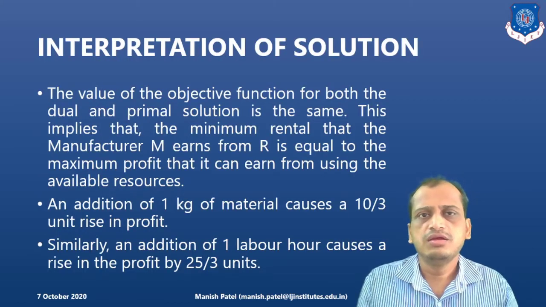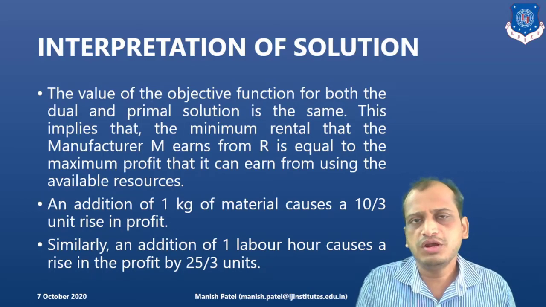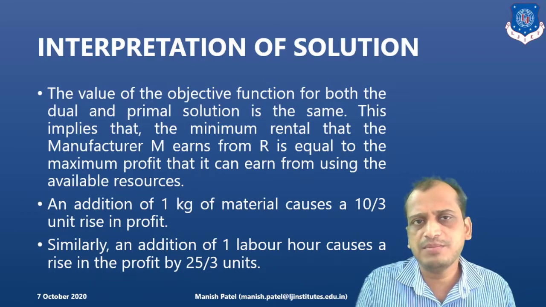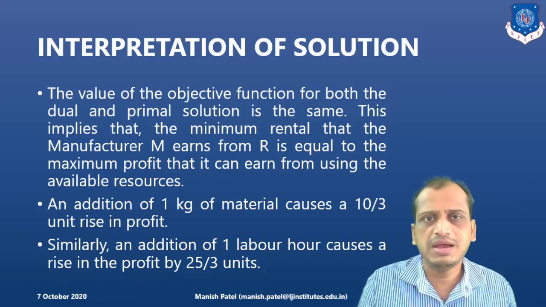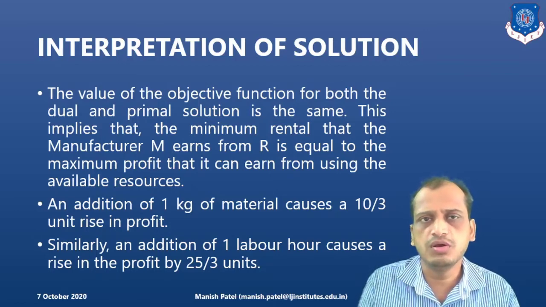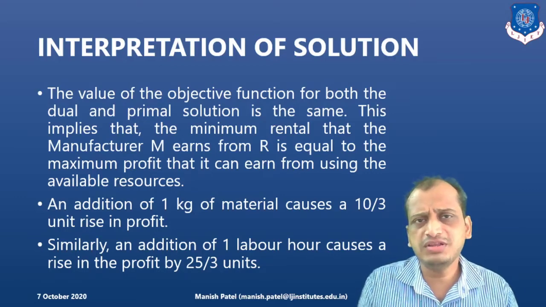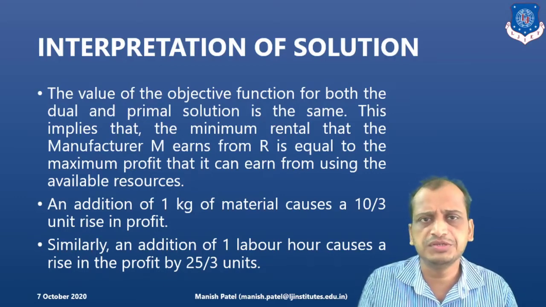Now finally we can summarize this interpretation. The objective function from the primal problem is 1000 rupees as the maximum profit, and in the dual problem the minimum rent is 1000 rupees. They are both equal. Clear? What do we mean by that? The maximum profit that can be derived from the resources is 1000 rupees.